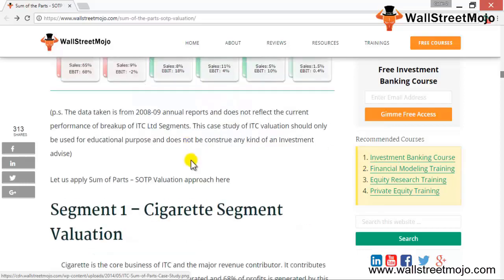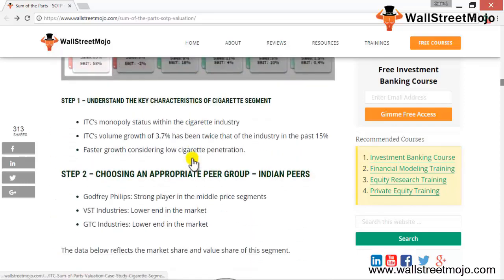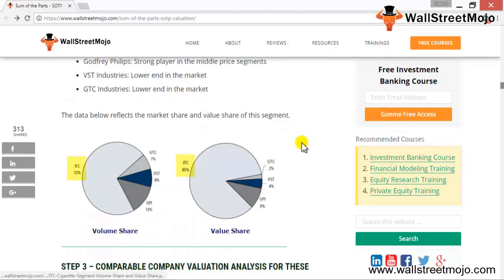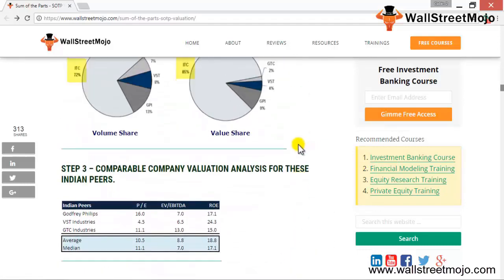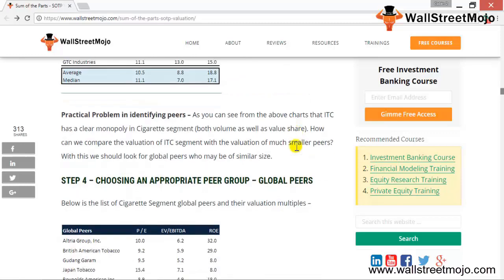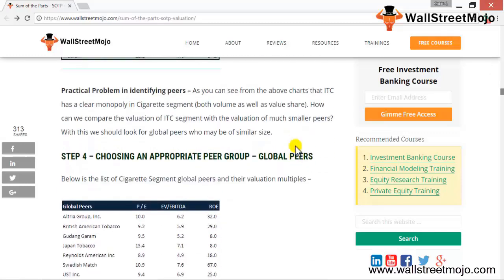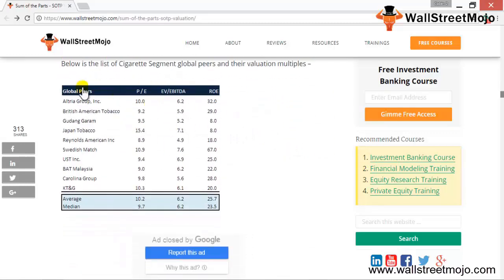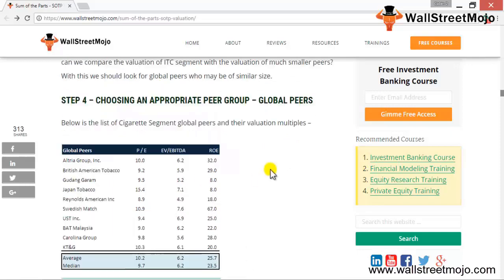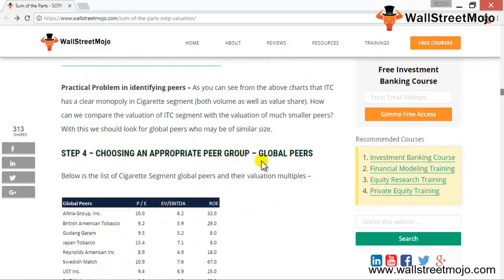Alright, so here if you come down, you would see the relative valuation done, the comparable companies for the company, and the peer group analysis for the multiples for different global players as well as the Indian players.